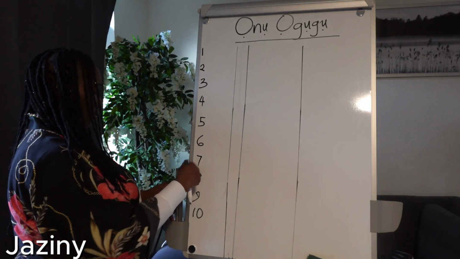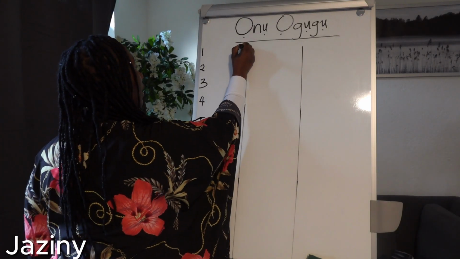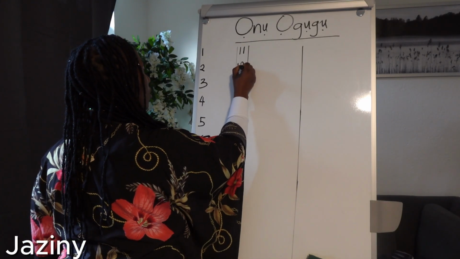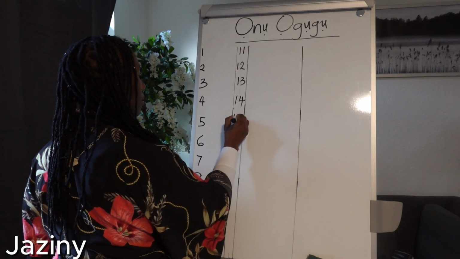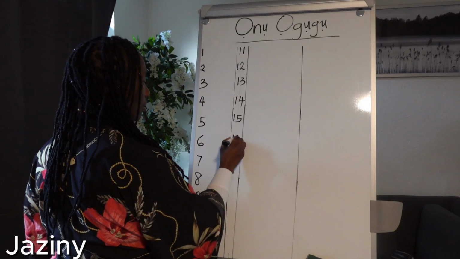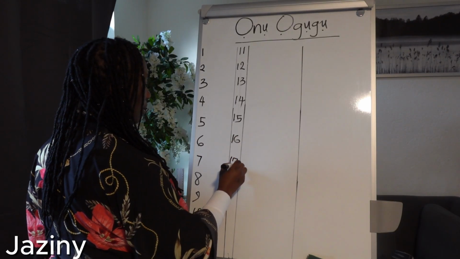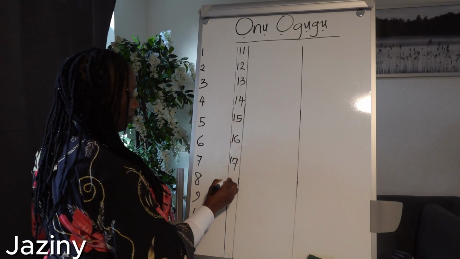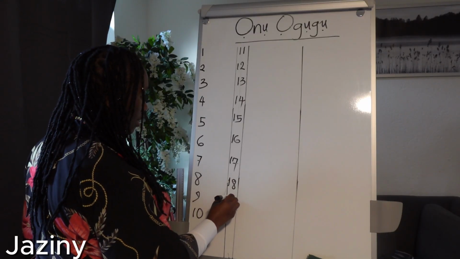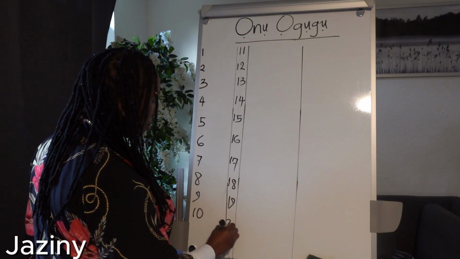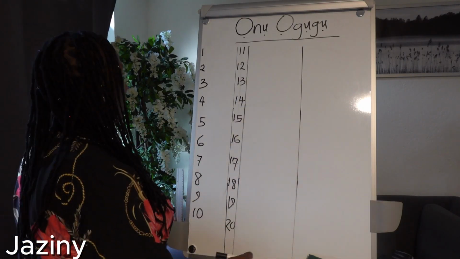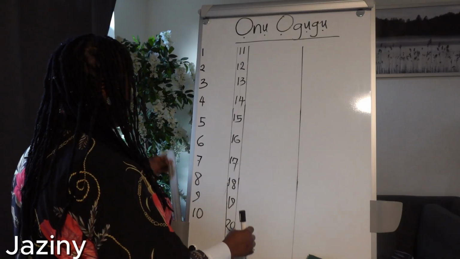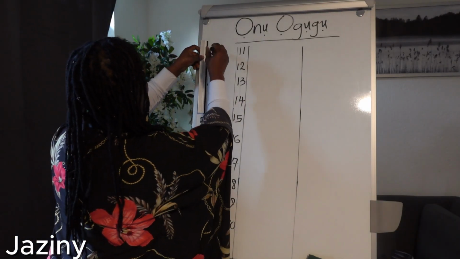We have 10, 11, 12, 13, 14, 15, 16, 17, 18, 19, 20. When we get there, we continue with the numbers. Okay, let's start. I'm going to give these borders so that we know what we're doing.